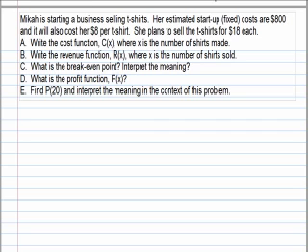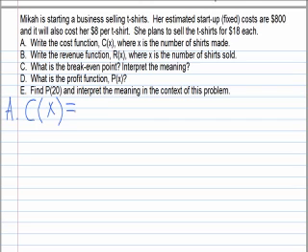We want to write a cost function to figure out how much it costs Micah to make these shirts. Now her cost is made up of two parts. Micah's cost to make x shirts is $8 a shirt. But don't forget, Micah is out of pocket an original $800. That's her fixed amount.